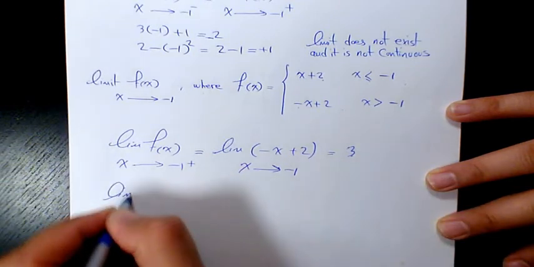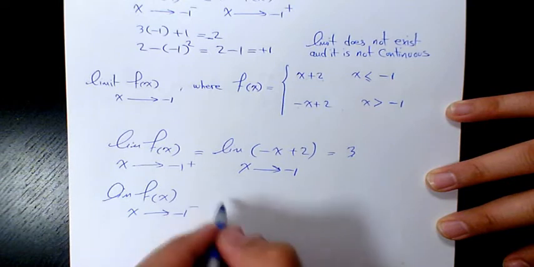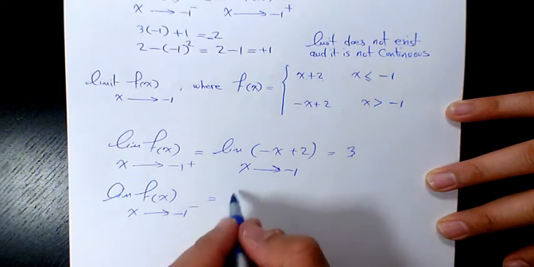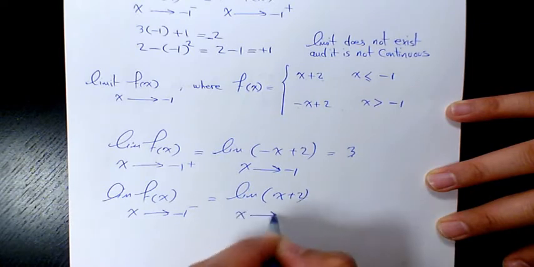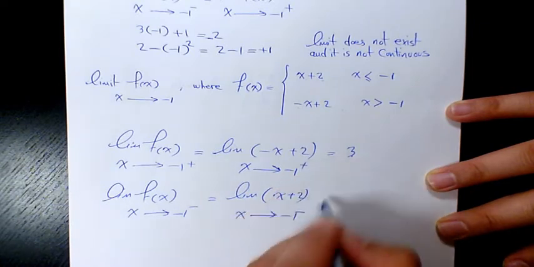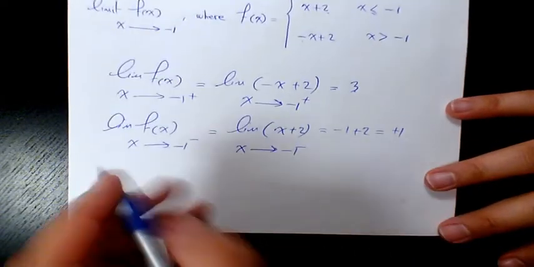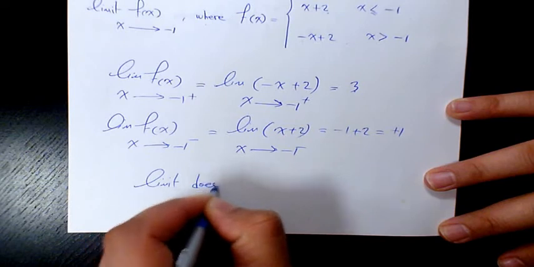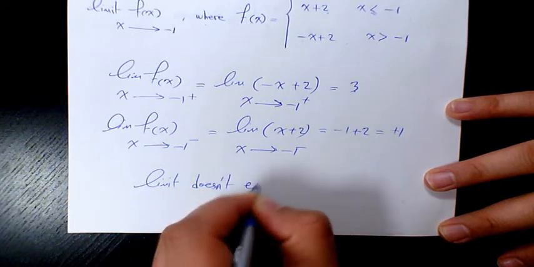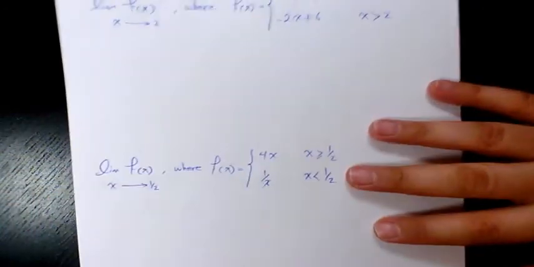And the limit of f of x when x is approaching from the negative side is going to be the limit of x plus 2. When x is approaching negative 1, it's going to be negative 1 plus 2, which is 1. So they are not equal. The limit doesn't exist.